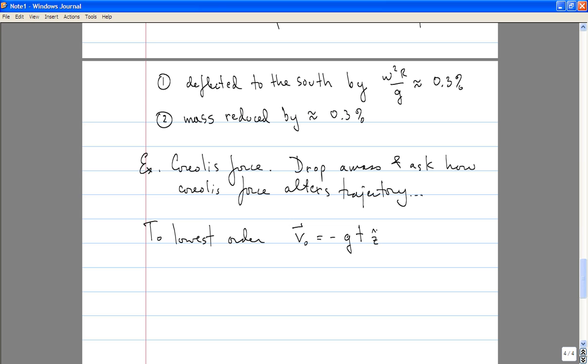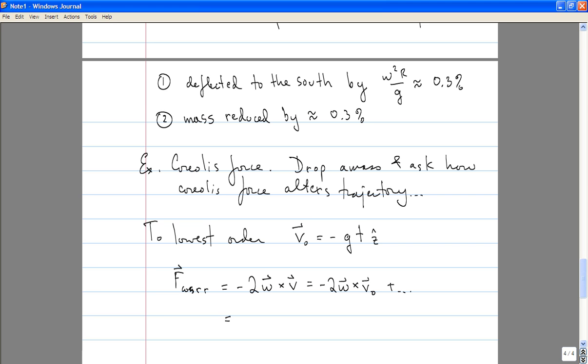Let's say that this object is dropped from the point x equals y equals 0 at some latitude lambda at time t equals 0. Then the velocity will increase linearly in the minus z hat direction as the object accelerates towards the center of the Earth. Then the Coriolis force is minus 2 m omega cross v, which to lowest order will be minus 2 m omega cross v naught, plus higher order terms that we will neglect in this approximation.